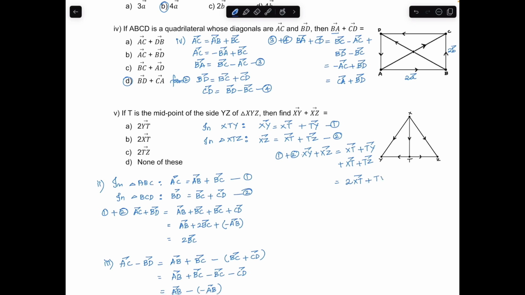So I can change either one of these. TZ has been written as minus TY. So it becomes 2 times XT vector. So the option is B.